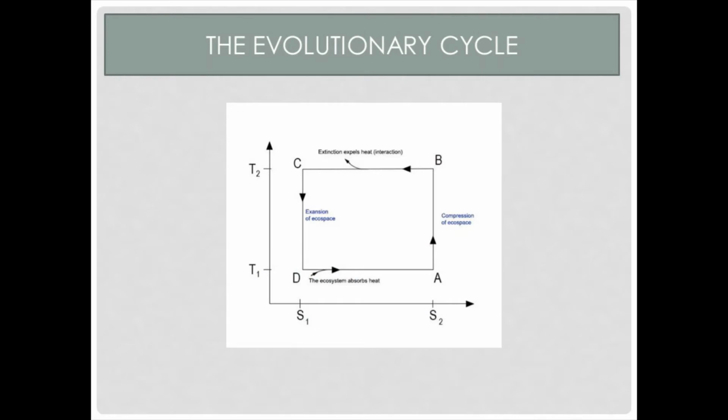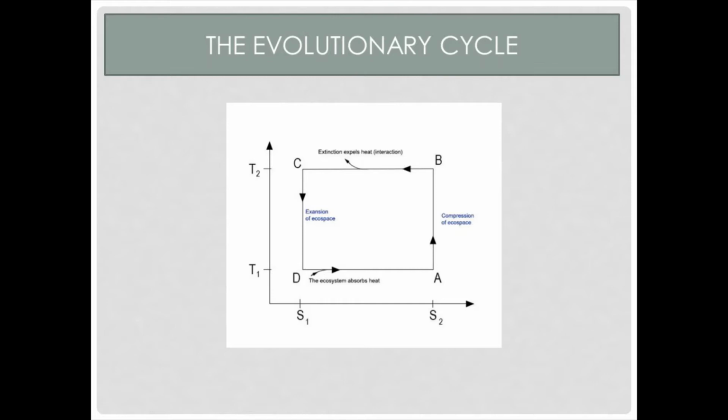When we look at what happens between two extinction events, we can draw a thermodynamic cycle. And here A, B, C, and D represent changes in characteristics.